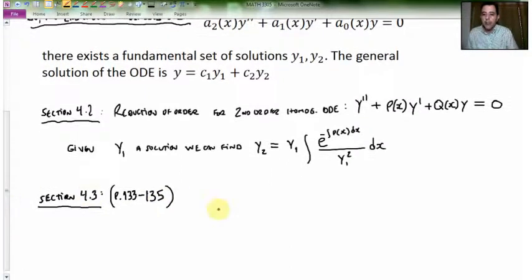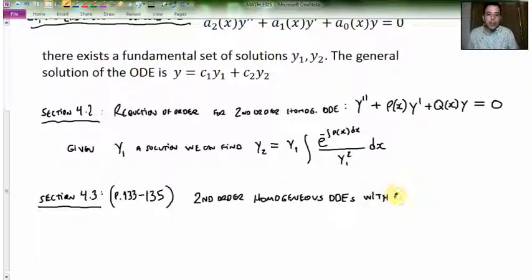Section 4.3 talks about second order homogeneous ODEs with constant coefficients.